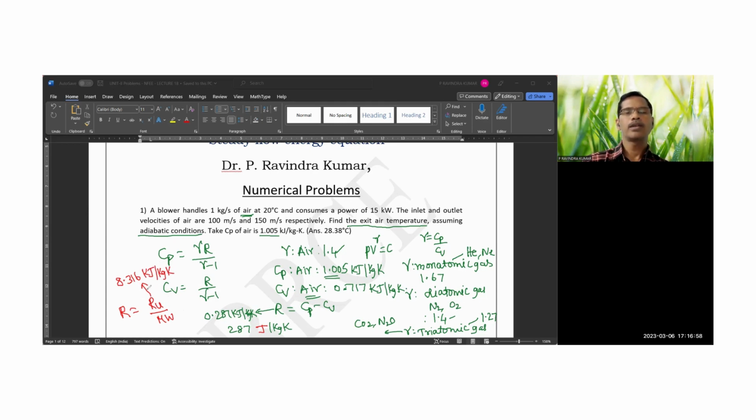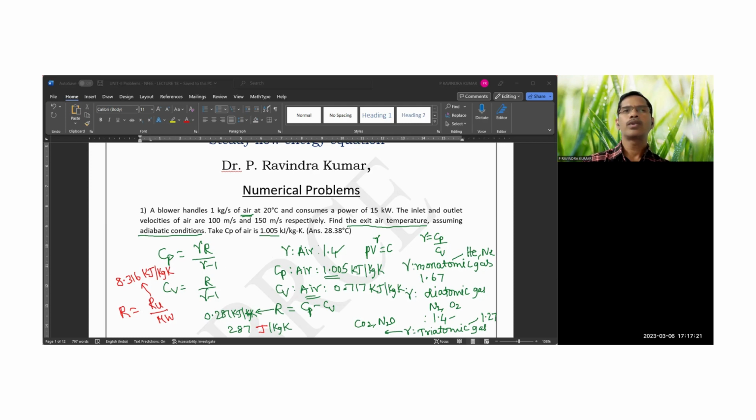If it is hydrogen gas, the molecular weight is 2. If it is helium gas, the molecular weight is 4. For carbon dioxide, it is 44. This is how you have to take considerations while solving the numerical problem.